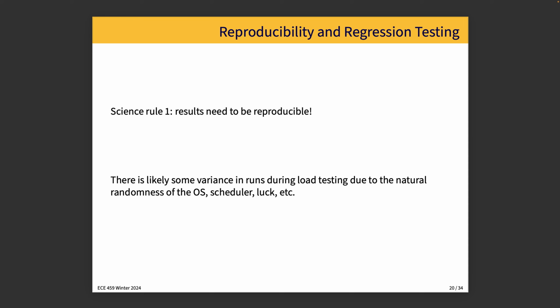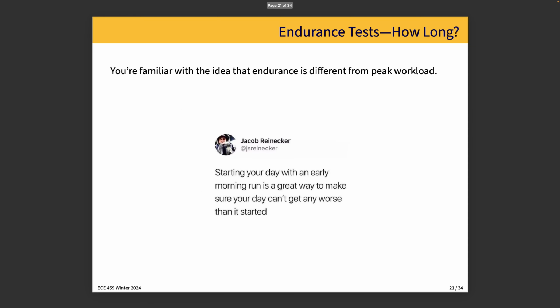Randomly generate 10,000 customers who have random data and random profiles, and scheduler luck and so on can definitely mess with that. So those are the key principles for actually executing those tests.